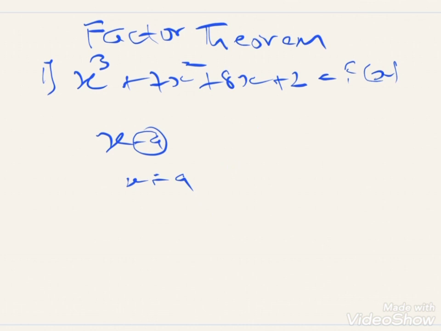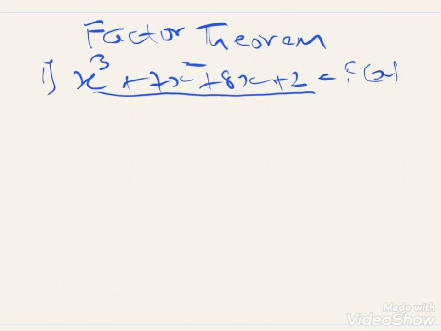So we can do a trial and error method by substituting any value of our choice, plus or minus, into this whole expression and evaluating to see if we can have zero. Any of the numbers that give us zero after evaluation is our solution, and we rearrange to have the expression as our factor.